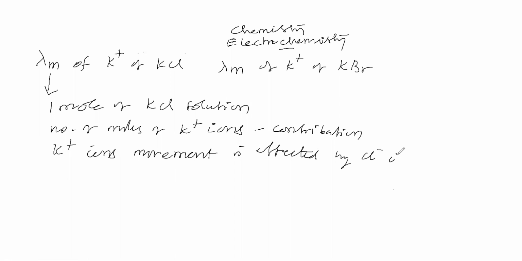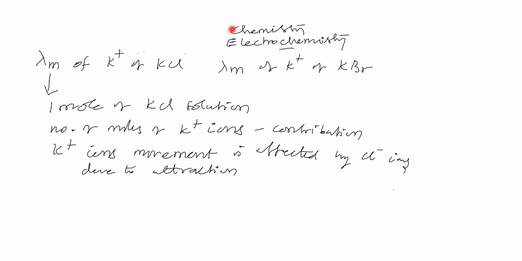K plus ions movement is affected by Cl minus ions due to attraction. Cl minus ions are attracting K plus ions. Therefore, movement of K plus ions is affected by Cl minus ions.